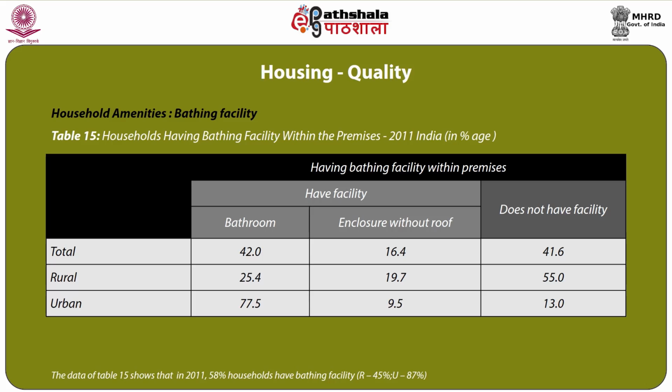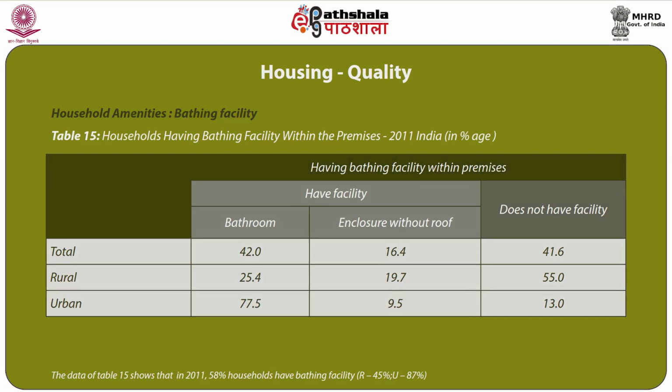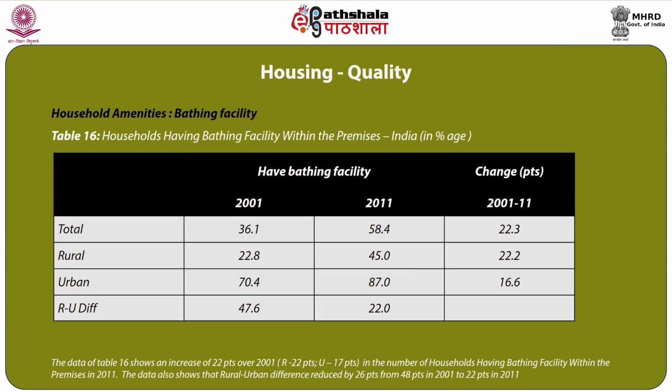In total, we can see that 42% have bathroom enclosure without roof, 16.4%, and 41.6% do not have the facility. Overall, the data of Table 15 shows that in 2011, 58% of households have bathing facility, that is rural 45% and urban 87%.